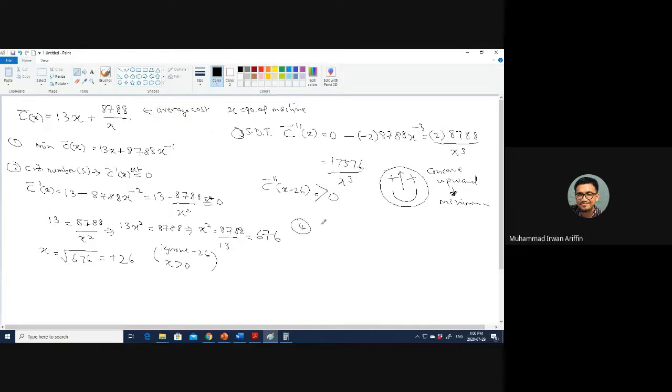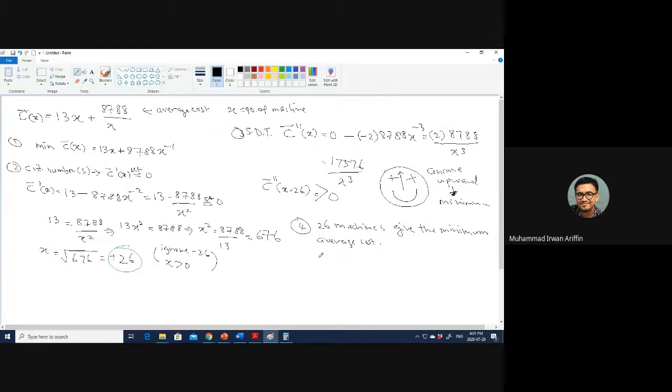So this brings us to the final answer. To answer the question, we have 26 machines, right? The answer is 26, from the critical number that we have found here. 26 machines give the minimum average cost.